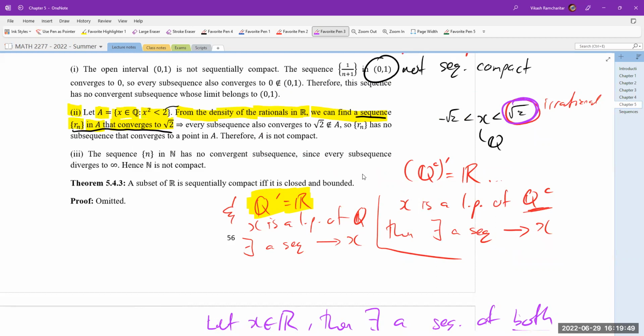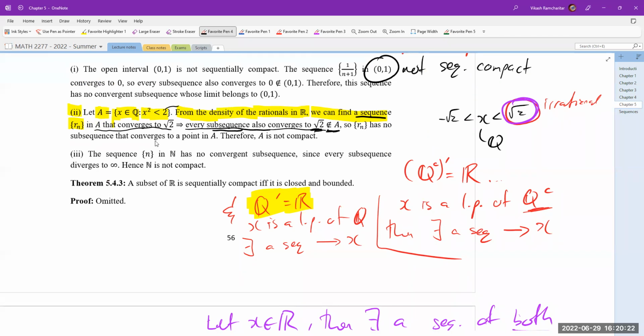We could always find a sequence of rational numbers in A that converge to it. Every subsequence of this will also converge to square root 2, because if a sequence converges to some number, all the subsequences are going to converge to that same number. So all the subsequences of this guy will converge to root 2.